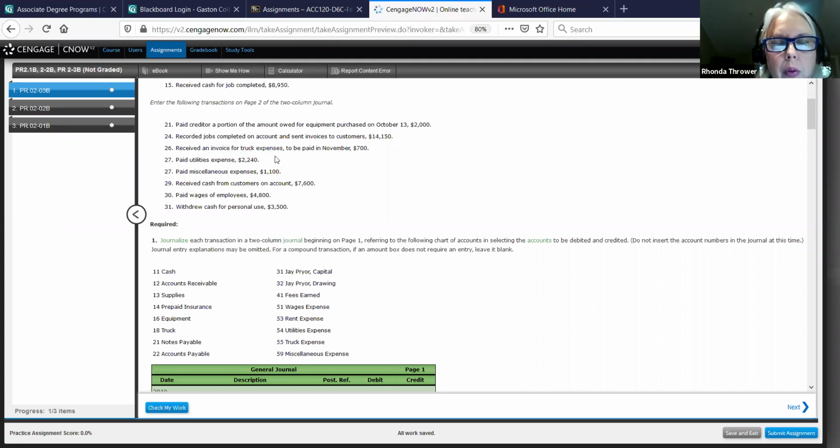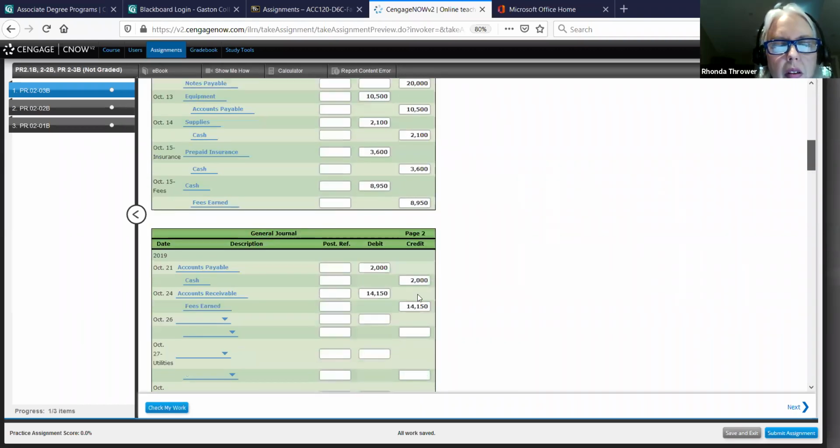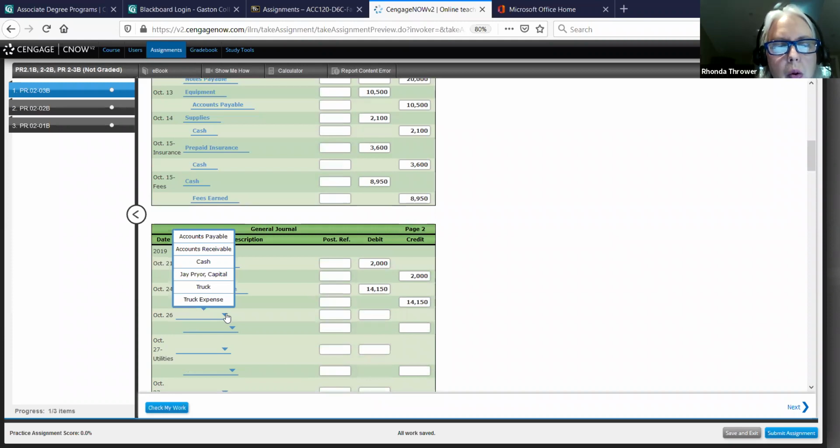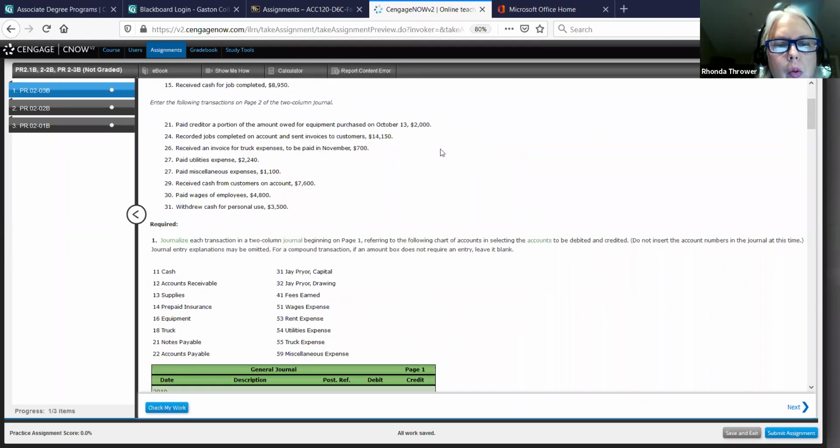This is October that we're recording the transactions on. On October the 26th, we received this bill. It is an expense in this month. So we're going to record it as the truck expense. And the amount of that expense was $700.